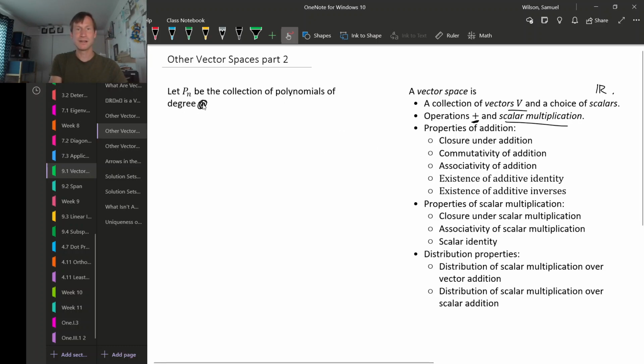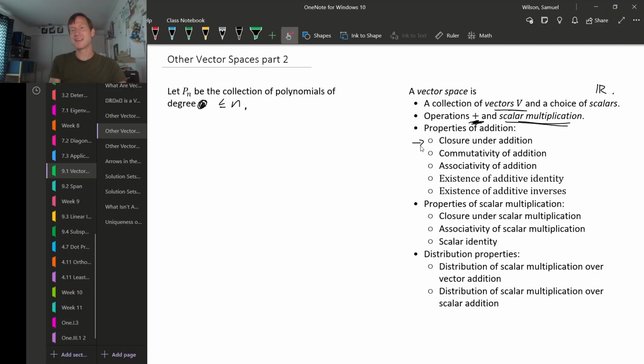So still we've chosen a collection of polynomials, which are going to serve as vectors. We have scalars. We still have polynomial addition and scalar multiplication for our operations.